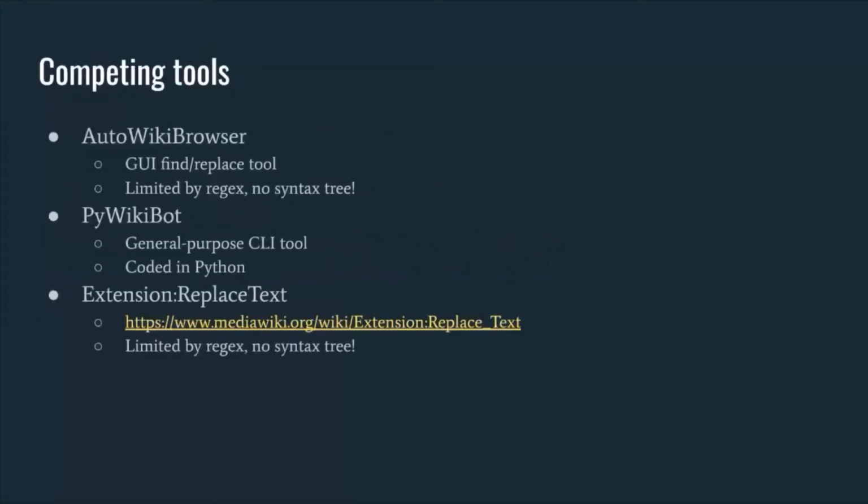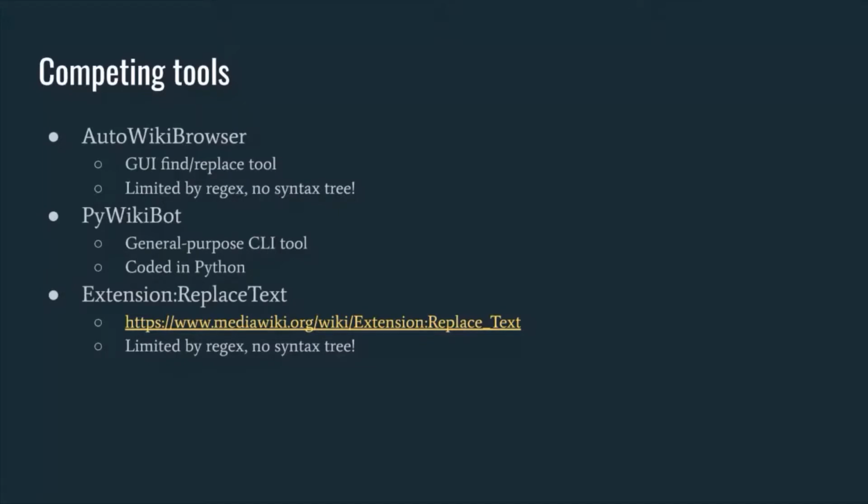So getting started. Some competing tools are AutoWiki Browser, PyWikiBot, which I had mentioned, and the replace text extension, which the Zelda wiki on Gamepedia used to use a lot. I don't really like any of these because writing Python scripts is just so much better and easier, as we will see. AutoWiki Browser can be nice because sometimes it takes 2 seconds to set up a GUI and do a really quick find replace.